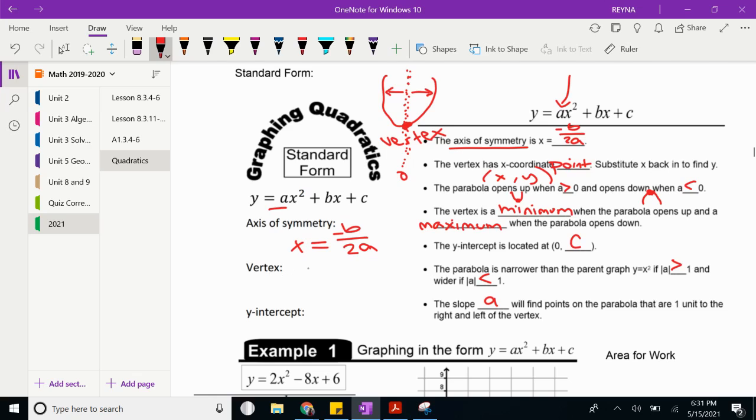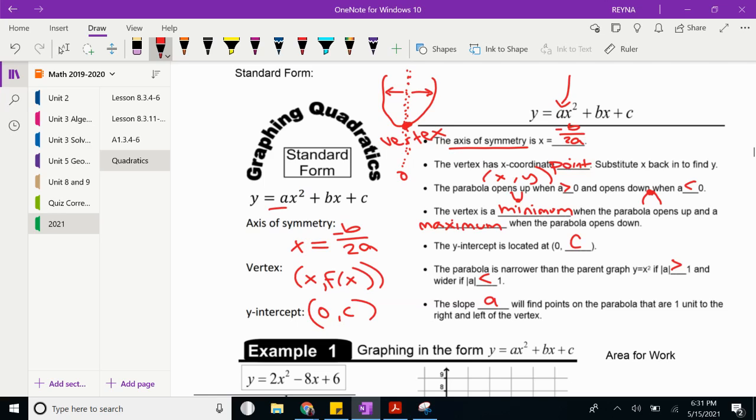If you want your vertex, then you would take your x from here, and then substitute in that number for the rest of your equation. So let's say your x was 2, you would put 2 here and then substitute in 2 to find your y. And then lastly, your y-intercept is always 0, c. So that one's real easy.